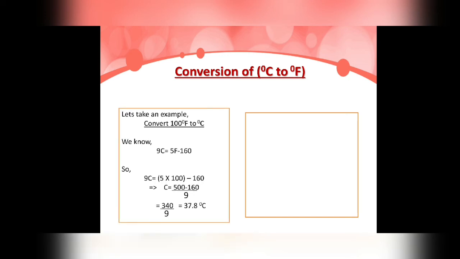So the Fahrenheit temperature we put here, multiplied by 5, minus 160. You will get 9C. While cross multiplying, 9 will come down. We'll have 500 minus 160 over 9. That will come out to be 340 divided by 9, which is equal to 37.8 degree Celsius. So 100 degree Fahrenheit will be equal to 37.8 degree Celsius.